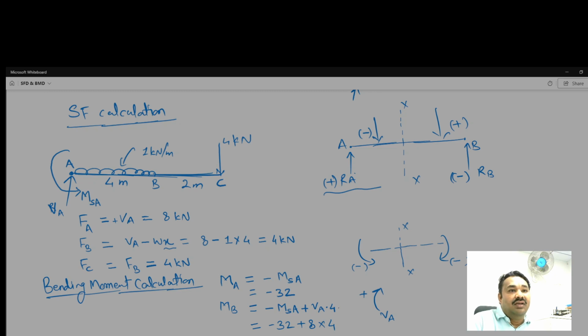And one more thing, here we have to consider with a minus sign WX, where W is 1, and 4 times 4 by 2. So what we get here is 8, so minus 8 kilonewton meter.